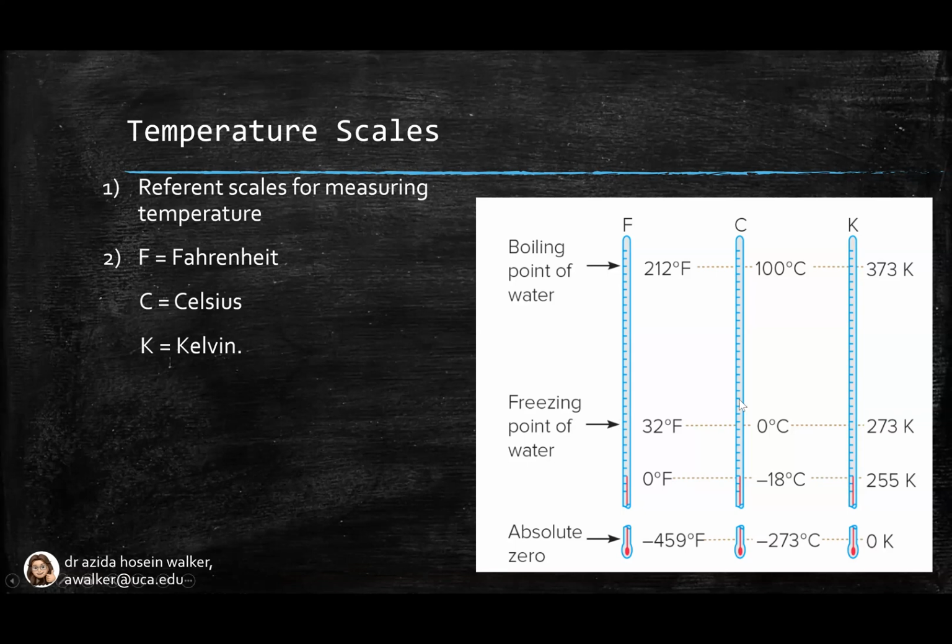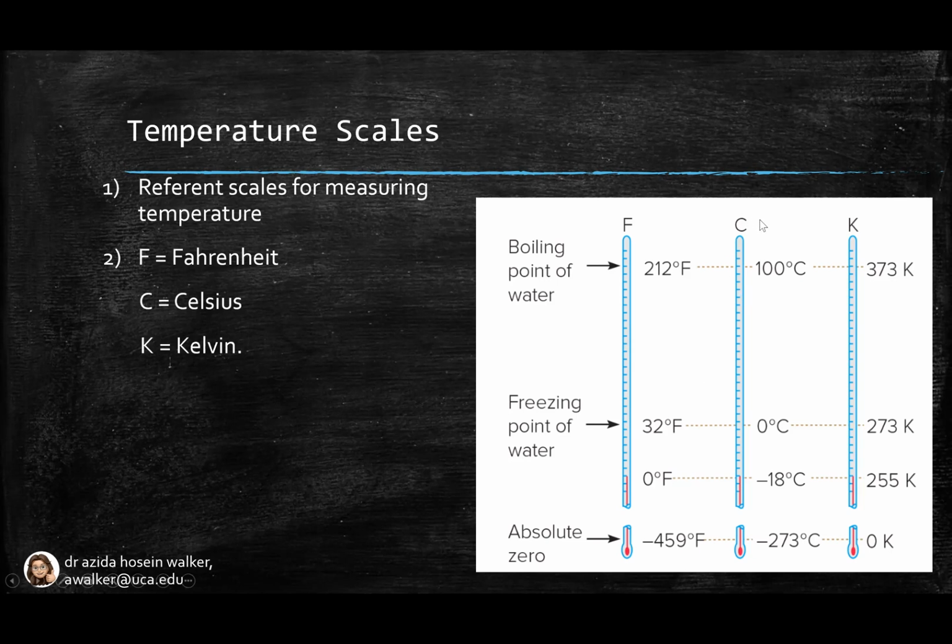So if we look at the first scale, which is the Fahrenheit scale, we see there's a point, what we call the freezing point of water, and that's given as 32 degrees Fahrenheit. We see that there is another point where we have the boiling point of water, and that's 212 degrees Fahrenheit. And then we have our little equal divisions here between 32 and 212 degrees.